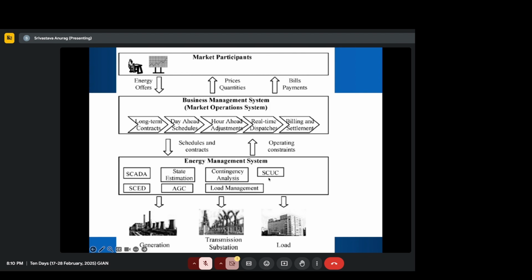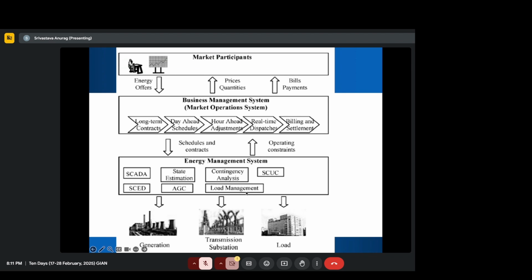What it does is tell us which unit will be on, which unit will be off, to keep the cost lowest, but also security constrained, which means that even if one unit, which is a generating unit, is off, we are okay. We can still provide the power to all connected load. So that's why it's a security constraint.